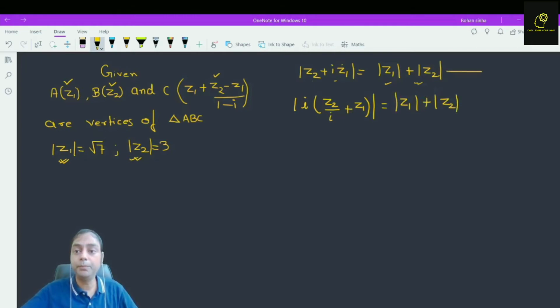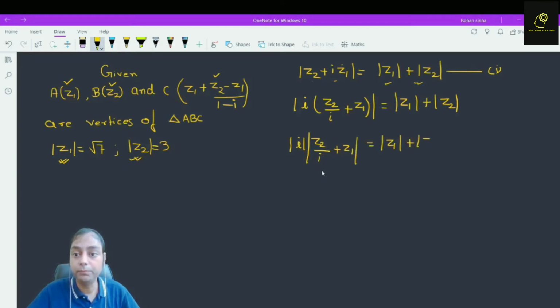In this step, I have simply taken i as common, and you can also write this as modulus of i into modulus of (z2/i + z1). Now, modulus of i is equal to 1, and z2/i is nothing but minus i times z2, simply by multiplying and dividing by i here.